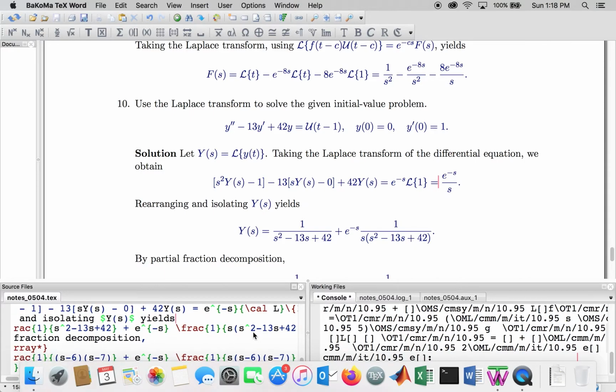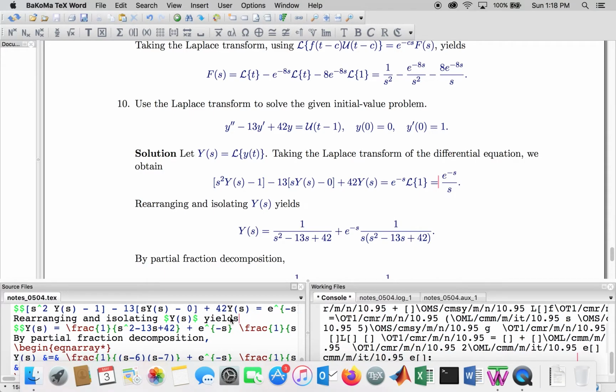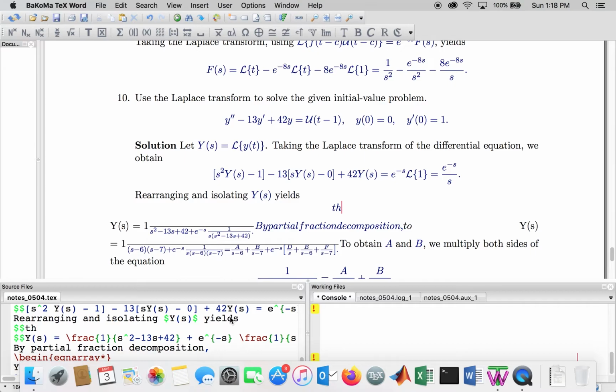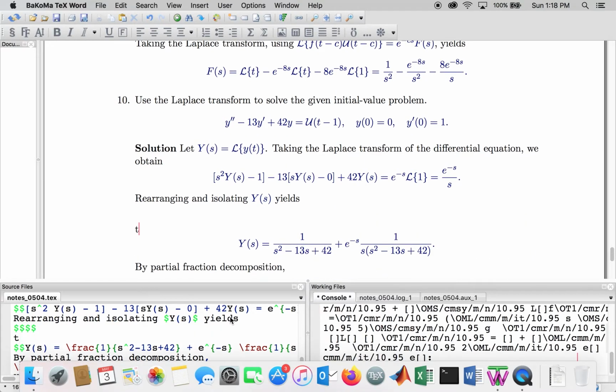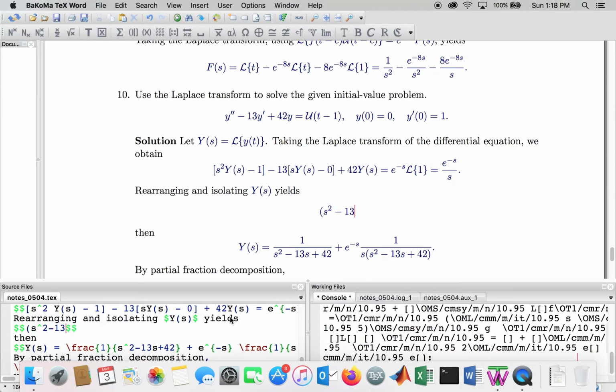So then, grouping all the y of s terms together, then you have minus 1, and then, minus 13 times 0, so that's all we get.